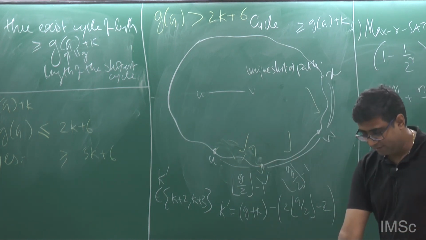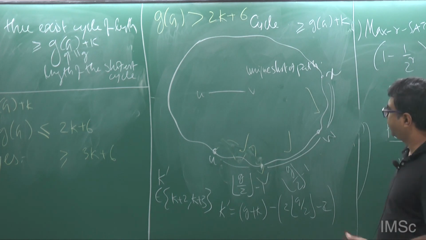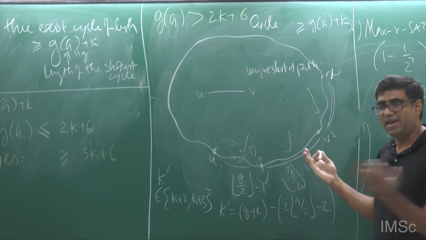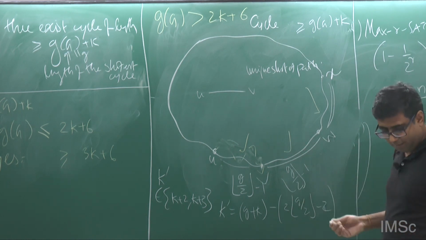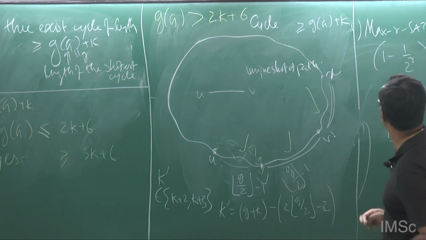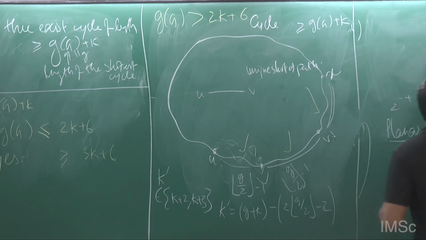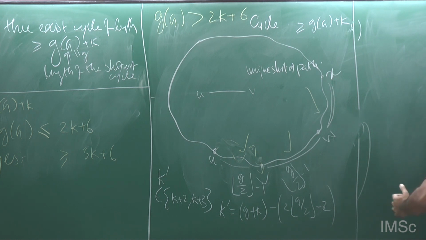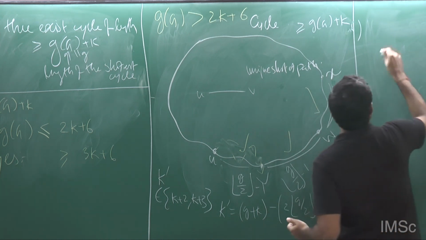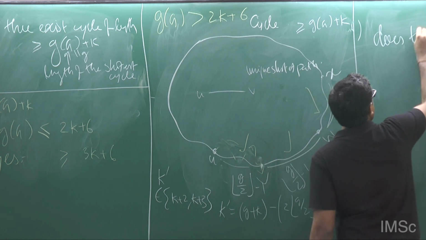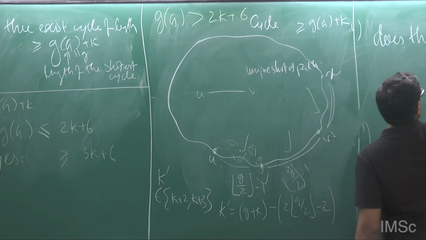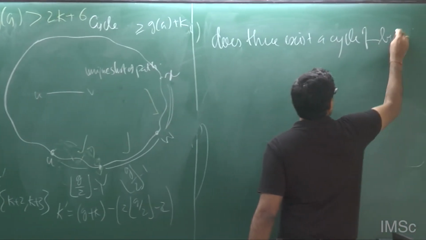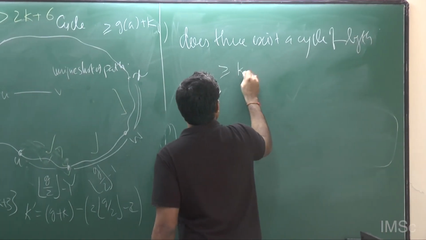So this is where our question actually came in. Fine. So g plus k, yes, we can do this, it's interesting, but what about asking the following question? Does there exist a cycle of length at least k times g?